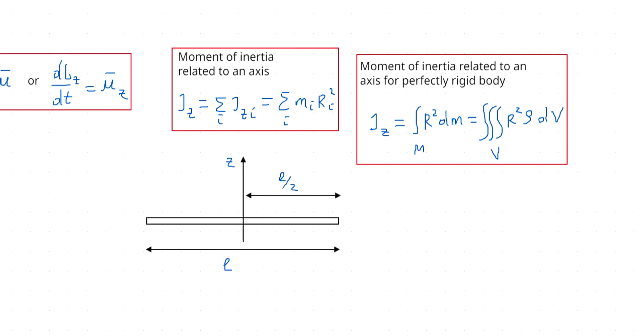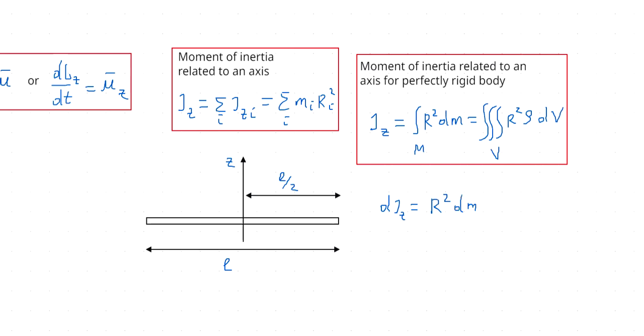For an infinitely small element of this rod, dI is equal to r to the power of 2 dm, where dm is an infinitely small element of this rod.